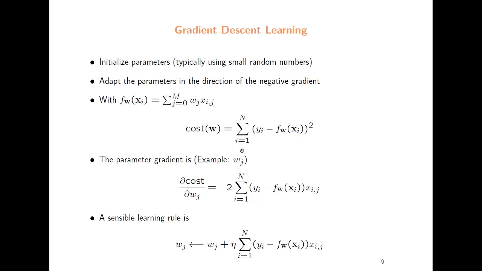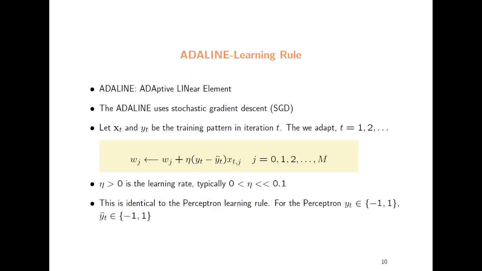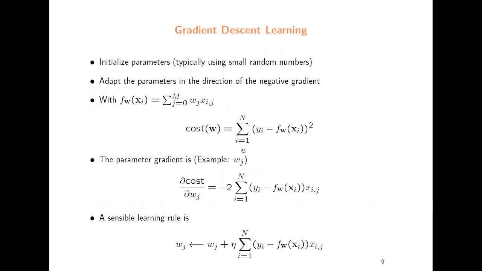So we can apply gradient descent and stochastic gradient descent, as we discussed before, for the perceptron. So we have our cost function, and we calculate the gradient with respect to Wj. The sum remains the sum.